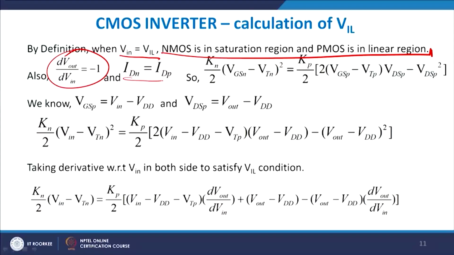If they are not, you have to first make them equal in order to find out the value of current, which in this case is IDN equals IDP, right. So, therefore, in saturation mode I know Kn/2 (VGSN minus VTN) whole square must be equal to Kp/2, then this is a non-linear region of operation. If you remember, I think it is clear to you.